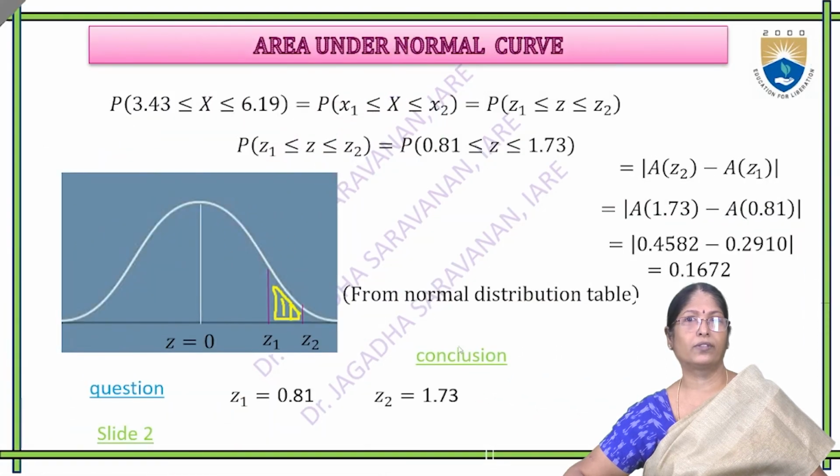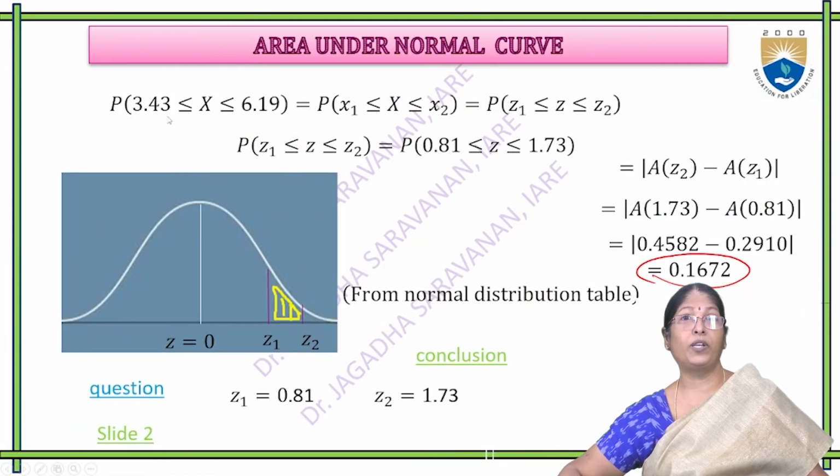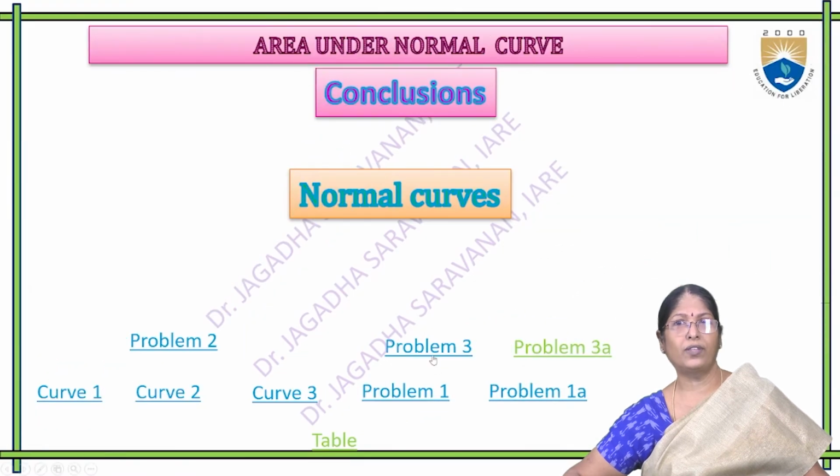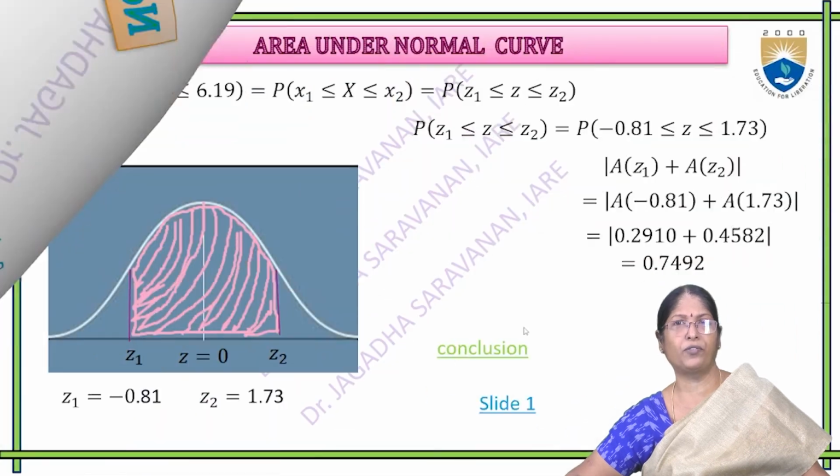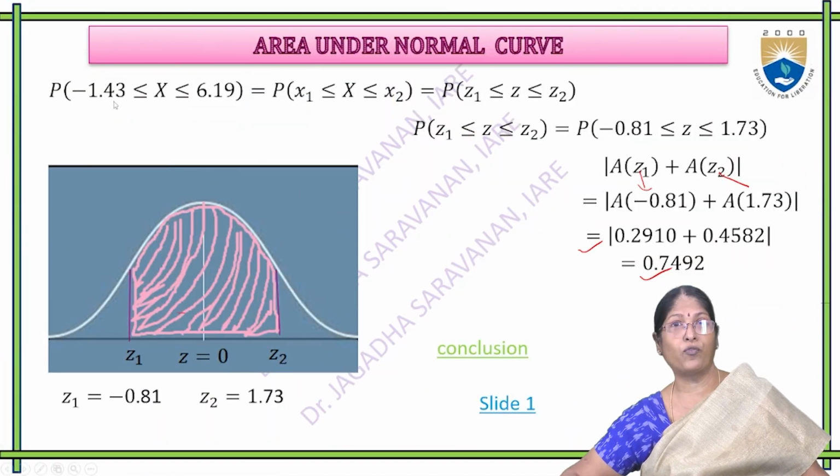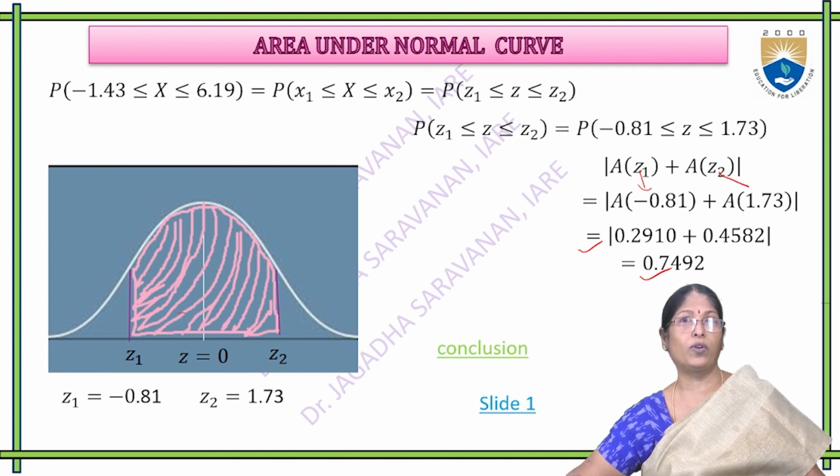The next one is X lies between 3.43 and 6.19. Here we obtained the result Z1 equal to 0.81. The same question, a little bit different. That is before 1.43, now minus 1.43. The result we obtained is minus 0.81. What differences are coming if the values are changed, we discussed very clearly in this video lecture.